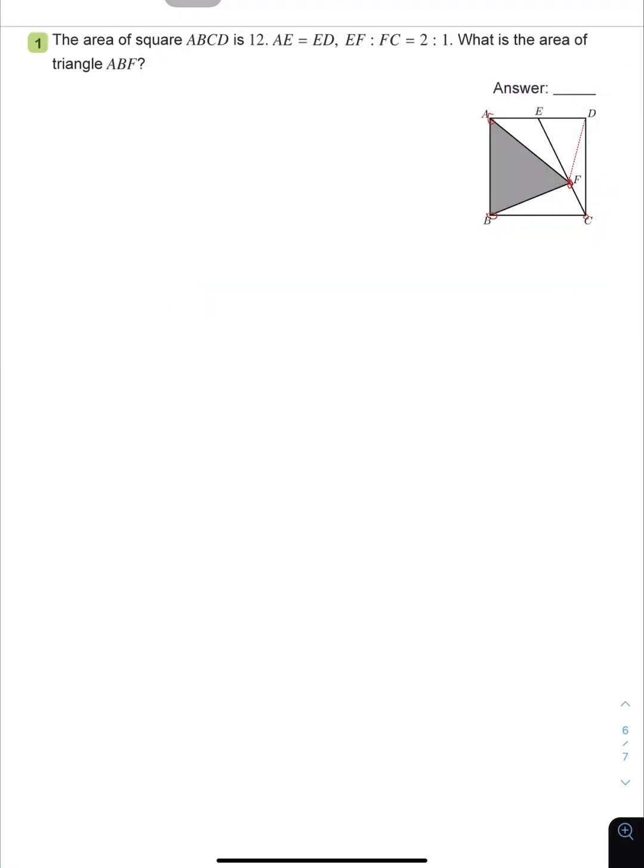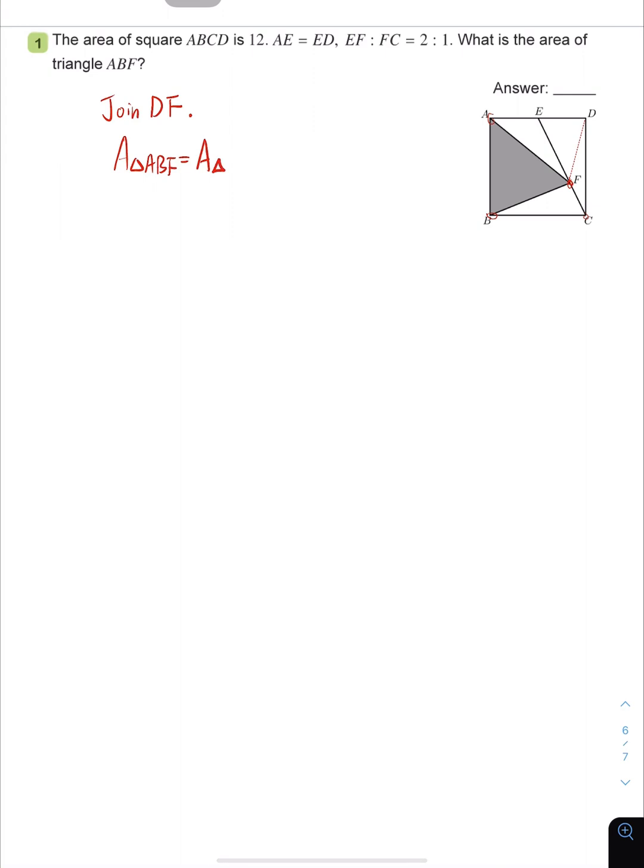Such that now I can find a half model in this question by the opposite triangles. So the first step is to join DF or FD.